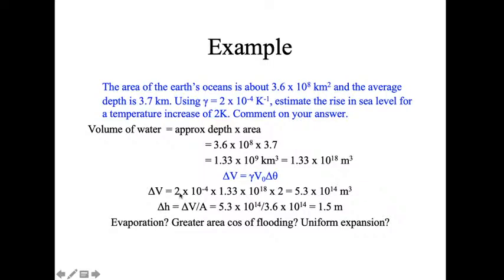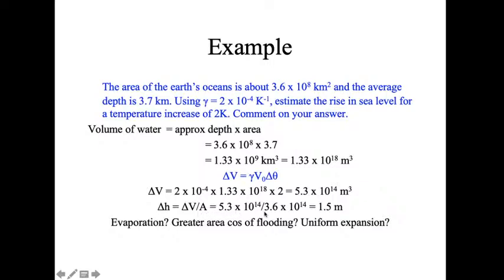So our coefficient of volume expansion is 2.4 times 10 to the negative 4, and that's going to be meters cubed per Kelvin, times 1.33 times 10 to the 18, that's our starting volume, times 2, which is our Kelvin, our change in temperature. So this gives us an increase in volume of 5.3 times 10 to the 14 meters cubed. We want to find the rise in sea level, or the change in height. Height is going to be volume divided by the surface area.